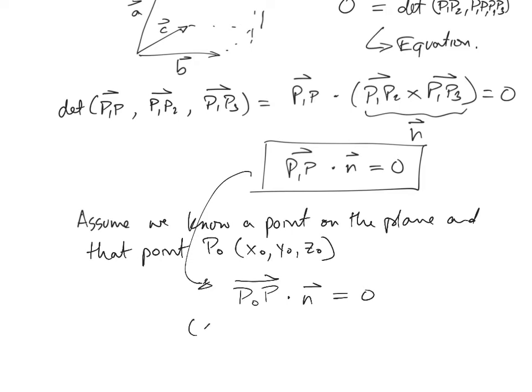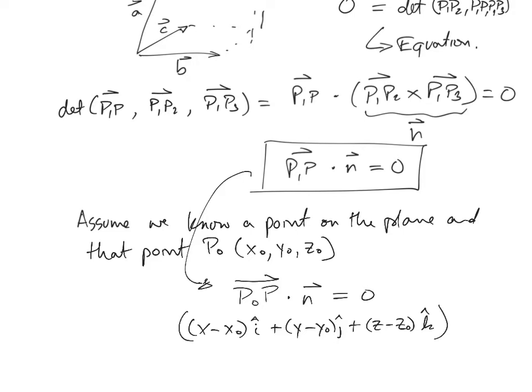It would simply be x minus x naught i hat plus y minus y naught j hat plus z minus z naught k hat. The point P with coordinates x, y, z is the terminal point of that vector. The point P0 with coordinates x naught, y naught, z naught is the initial point of that vector. So you just difference those coordinates and you get the vector going from P0 to P. So that's what this is. This is P0P.